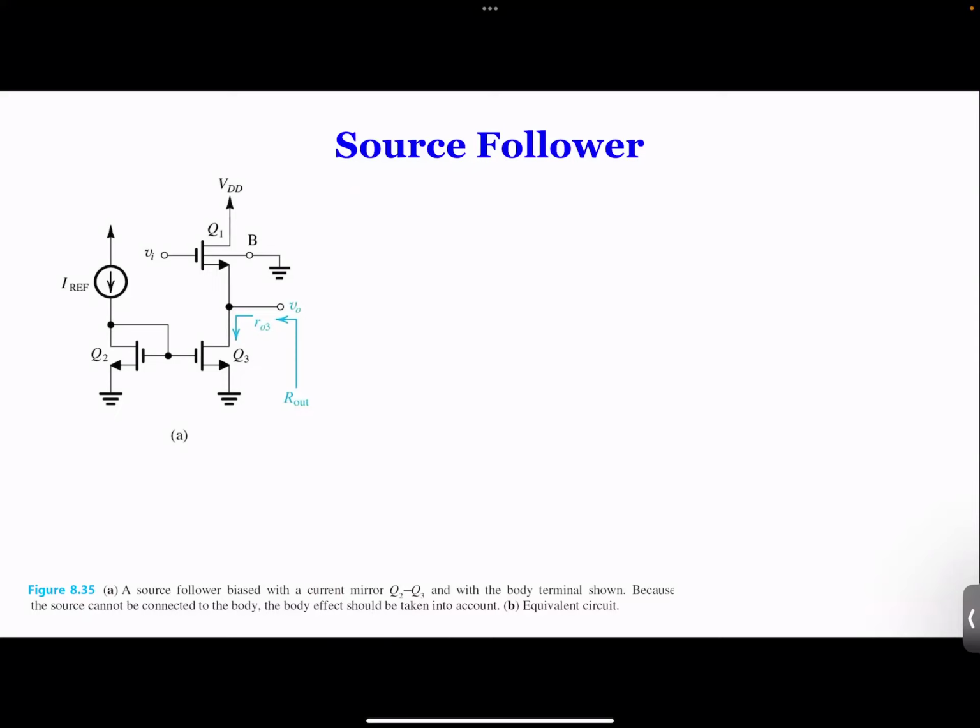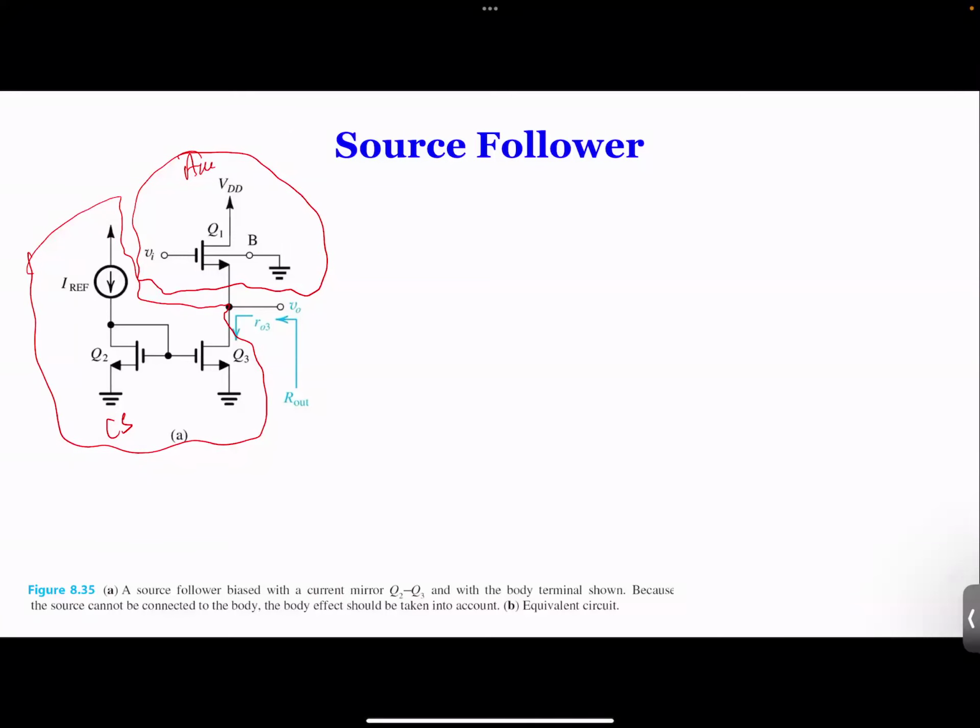But apparently, you will see more and more that instead of using resistance to bias the circuit, we use a lot more current source. So in this case, we have the amplifier over here, and then we have the pair at the bottom as the current source. The top is your amplifier.